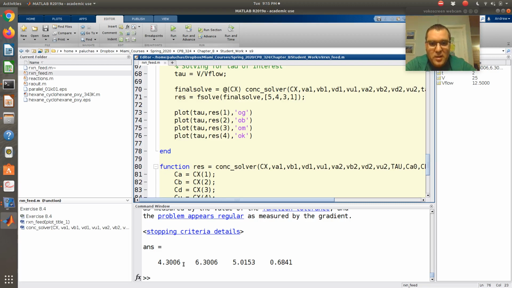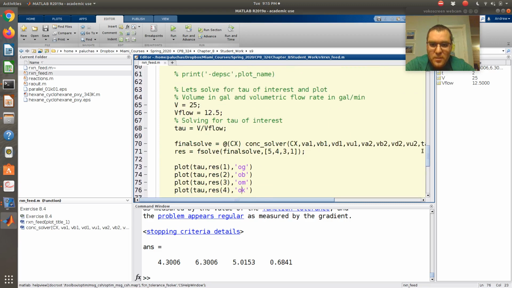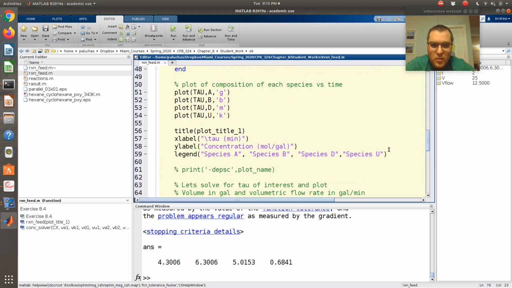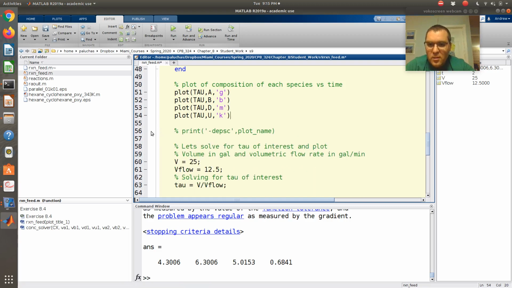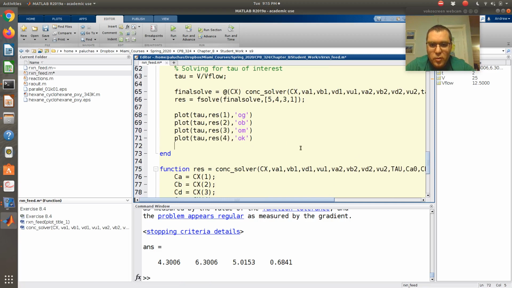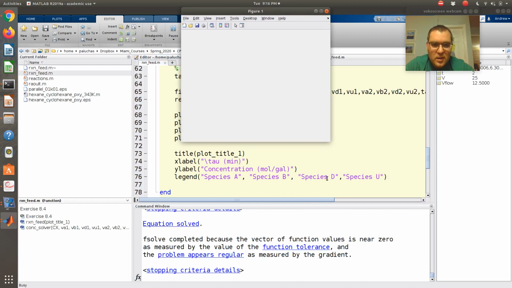Creating a plot like this is awesome in terms of being able to illustrate this point. And so what I probably would want to do is move this material down. Then if I were to add my print command, I would do it down there. But yeah, that solves it.